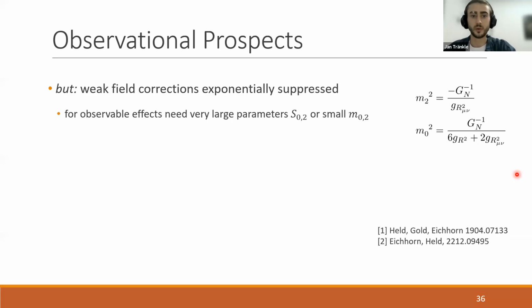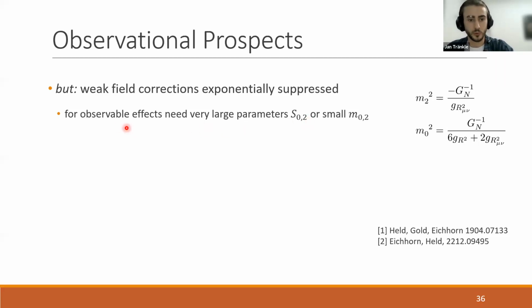Now, a word of caution when making such claims: of course, the corrections to the weak field metric are already exponentially suppressed. So when we have the masses of the new spin 0 and spin 2 modes of the order of the Planck mass and order 1 parameters S0 and S2, these corrections would probably not be observable for astrophysical black holes.